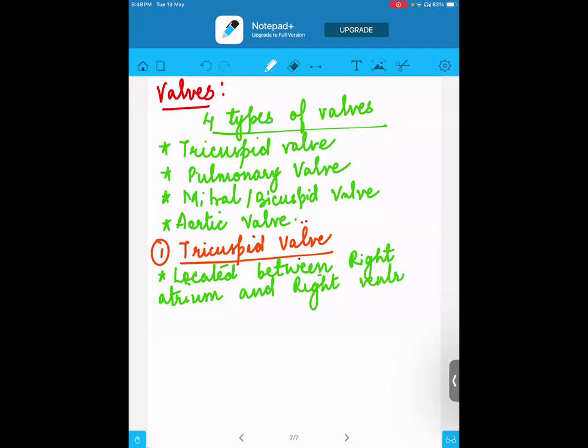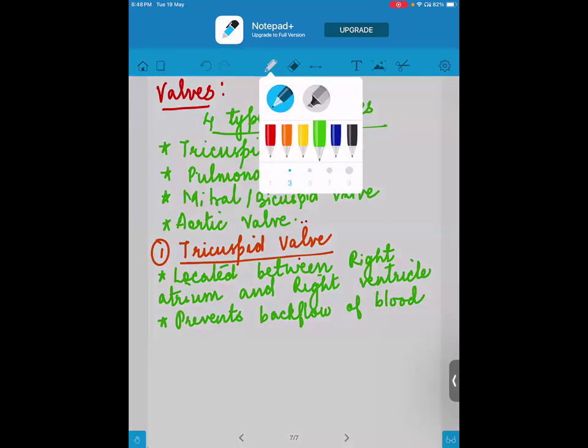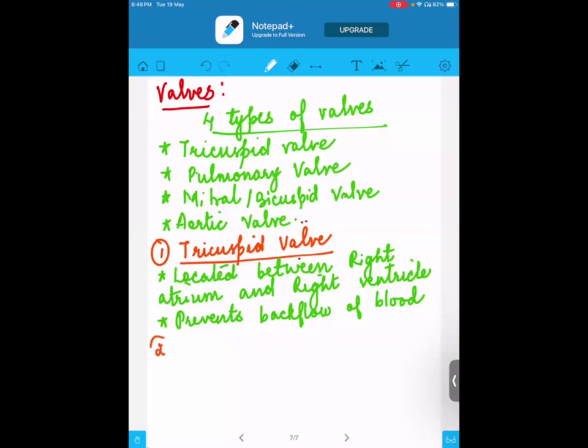So in between these two chambers, the tricuspid valve will be present. Now, what do they do? They will be actually preventing the backflow of blood. So they do not allow the blood to go back. So actually all the valves will be doing the same function. So we'll just write the location about them.